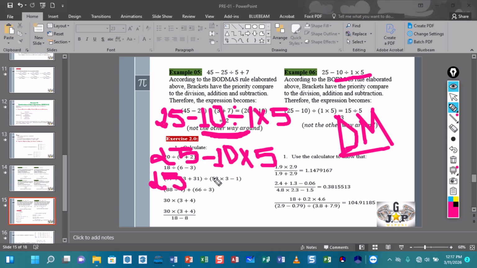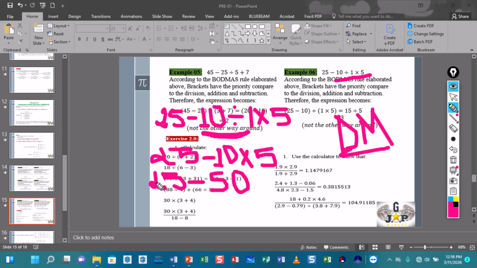Because multiplication comes before subtraction, we go 5 times 10, which is 50, and with the minus here we have minus 50.